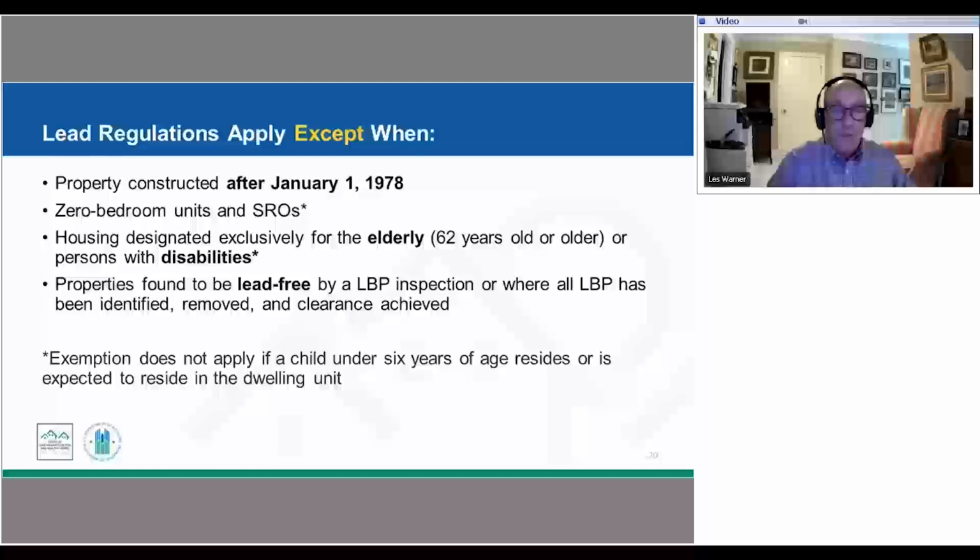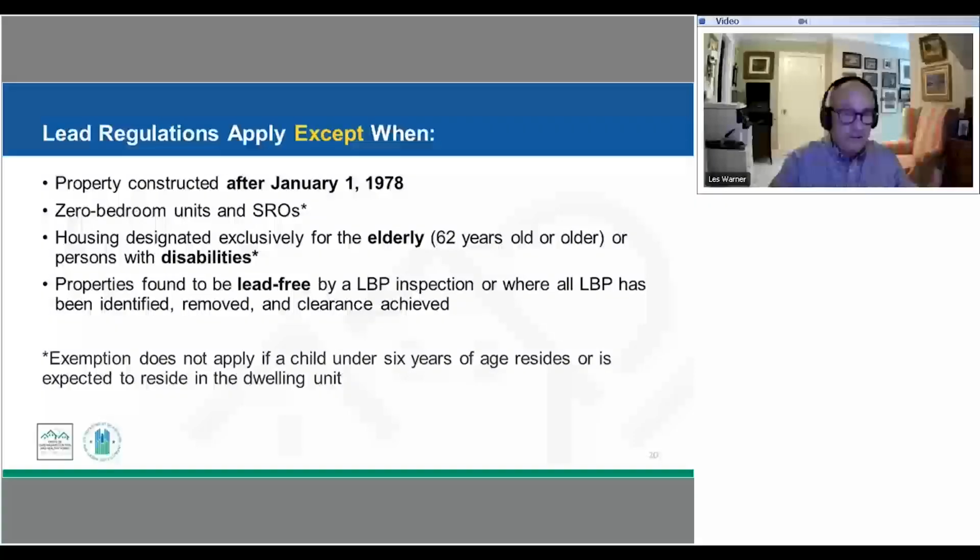So maybe we have Tyvek'd and resided the outside of that property. That property is not lead-free because the lead is still there, but it is lead-safe. And so this exemption applies specifically when we have a property that is lead-free.